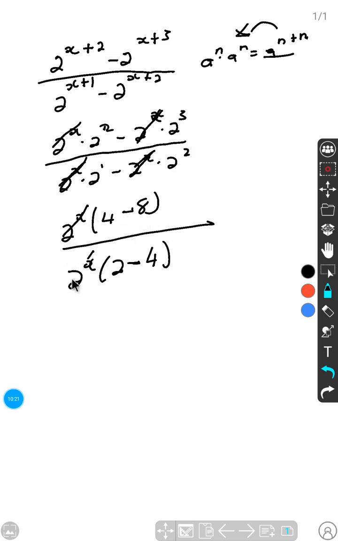So this is going to cancel this. Then what is 4 minus 8? 4 minus 8 is minus 4, and then 2 minus 4 is going to give us minus 2. The minus signs are cancelling each other, and then 4 over 2 is going to give us 2.